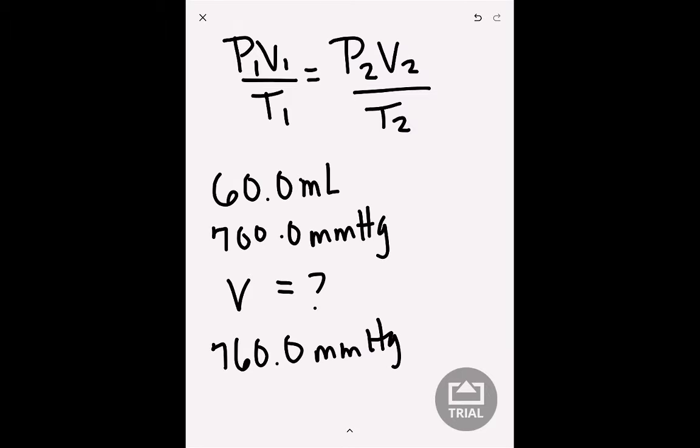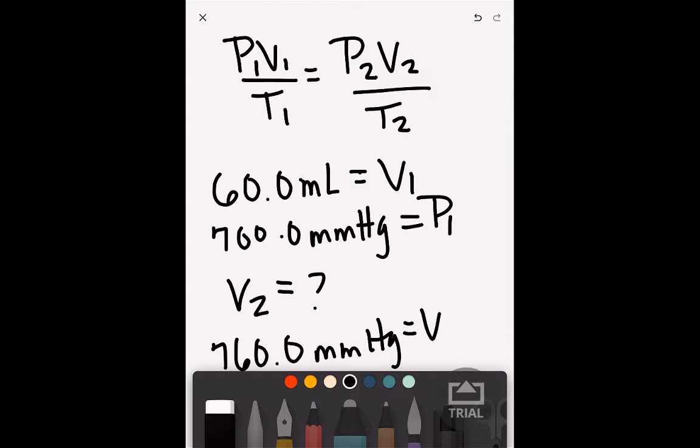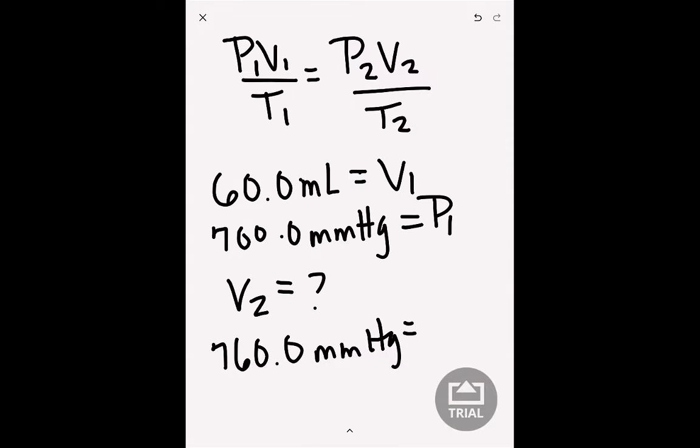Obviously it produces 60 milliliters at 700, so milliliters is a volume, that's going to be our V1, and millimeters of mercury is a pressure, so that's going to be our P1. And then we're looking for V2. I'm sorry, hold on just a minute, let me erase that. If this is P2. Okay?